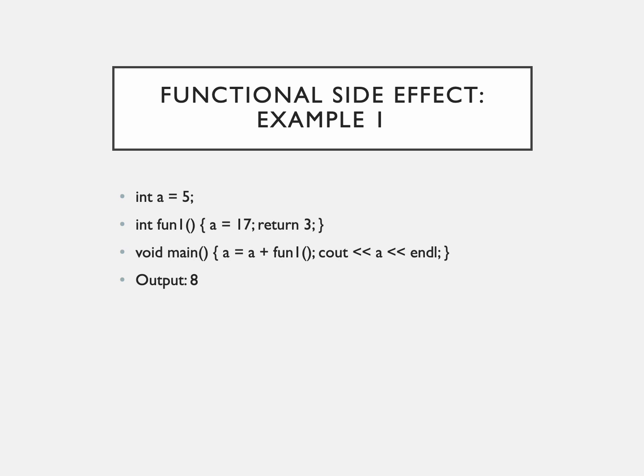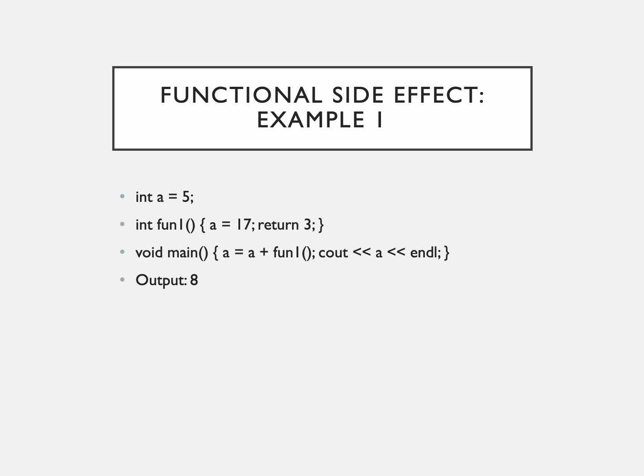Then in the expression inside the main function, a equal to a plus fun 1, it becomes problematic due to evaluation order. Here's the catch. If a is read first as 5 before function 1 executes, then you get a equal to 5 plus 3, which is 8. But if function 1 runs first, it changes a to 17 and you have a equal to 17 plus 3, which is equal to 20.